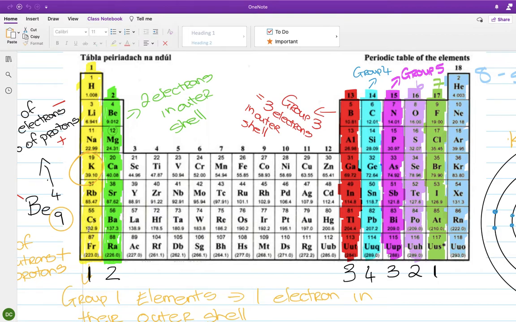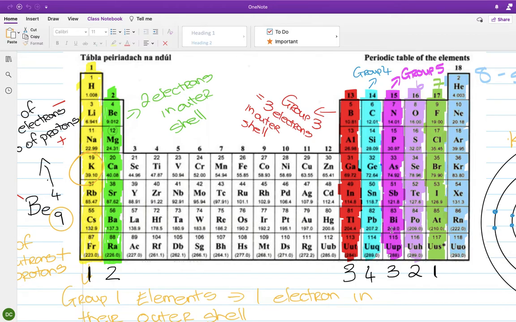If you're in group 1, you have a valency of 1, you want to get rid of that 1 electron. If you are in group 2, you have a valency of 2 because you want to get rid of your 2 electrons. If you're in group 3, you have a valency of 3. If you're in group 4, you have a variable valency. So basically you either want to get rid of 4 or you want to get 4. It's much of a muchness.